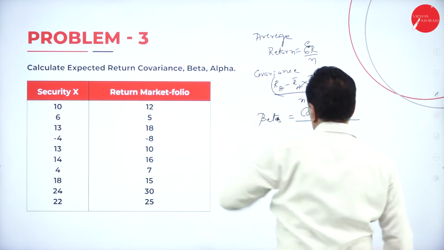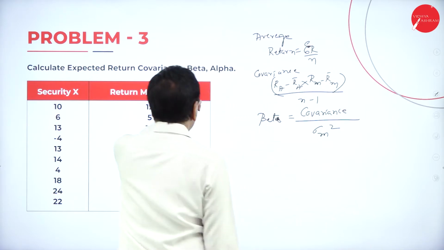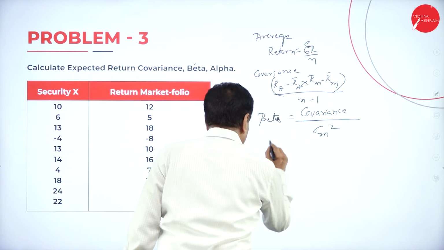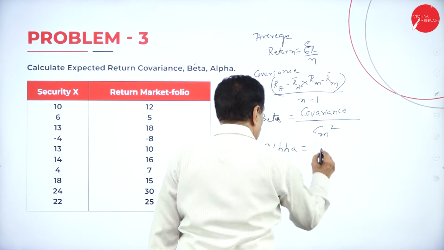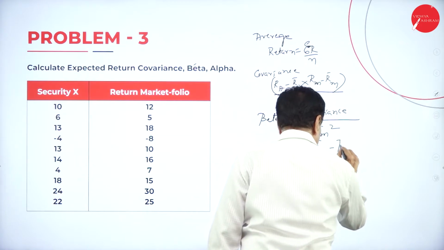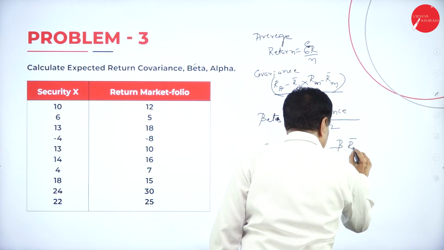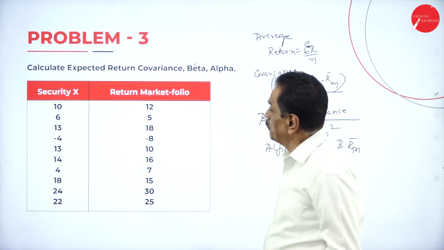Then beta is equal to covariance divided by standard deviation square. Then he asks what? Alpha. Alpha is equal to R mean A minus beta R mean M. This you have to apply. Now, we'll move on to the problem.